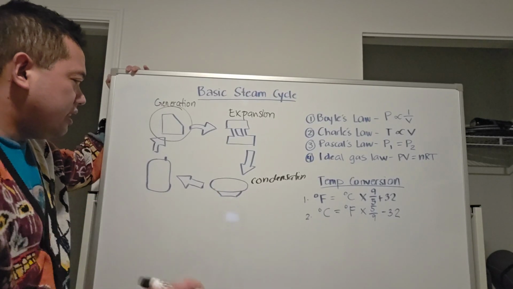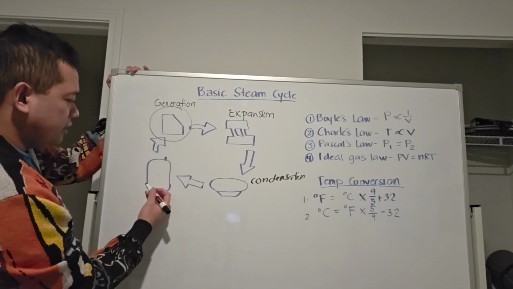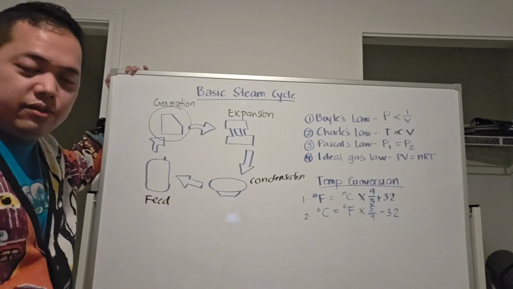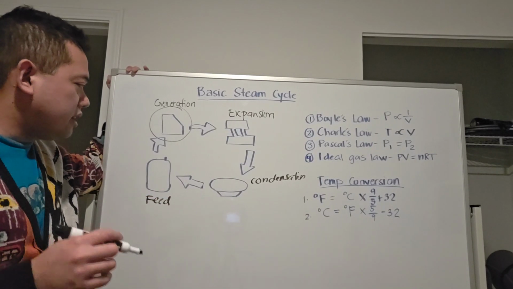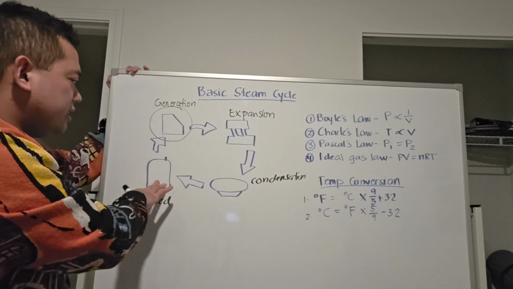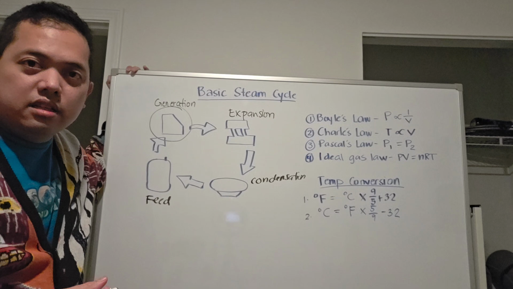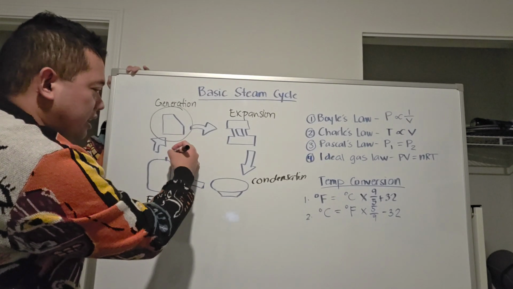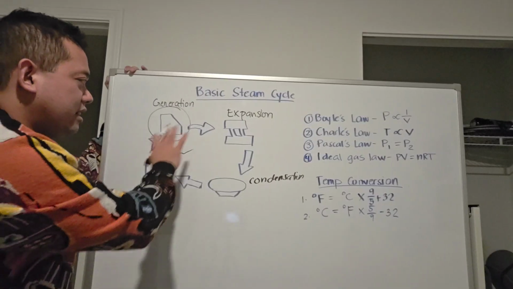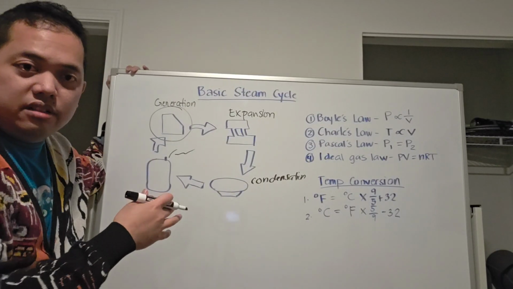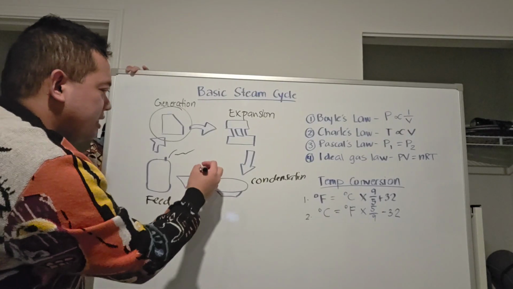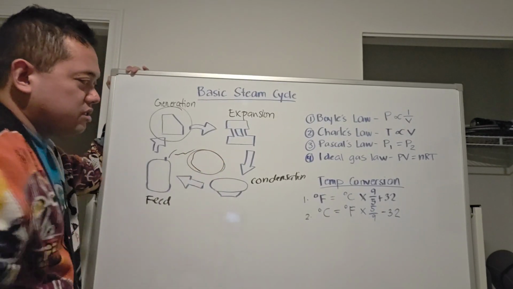And then after that, it goes over here to the feed, which is the deaerating feed tank. So the DFT, once the steam condenses back to water, the job of the DFT is basically purging the air out of the system. It goes to the atmosphere so that it's not gonna create aeration or any problems within the cycle. And then again, the cycle just goes in a circle.